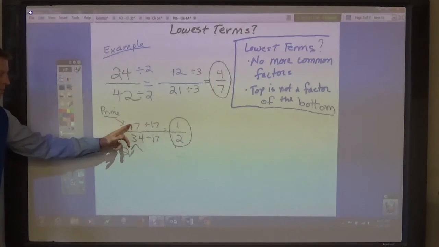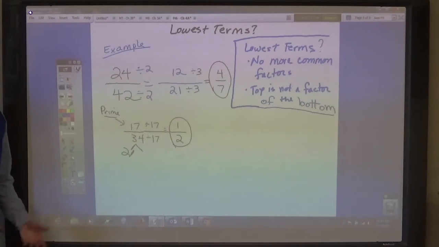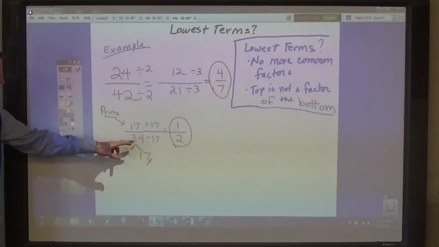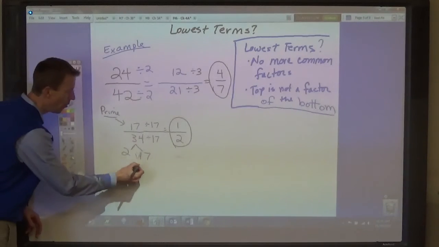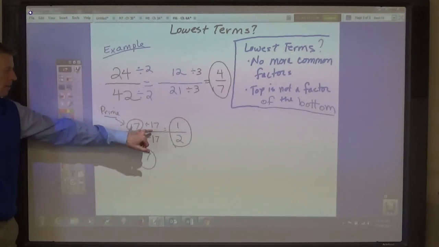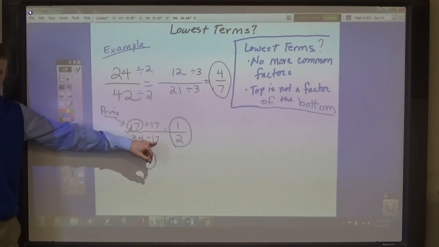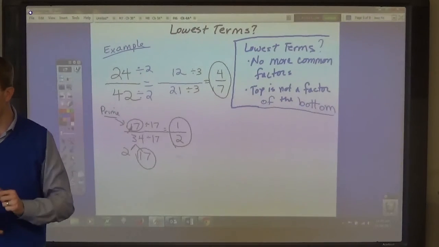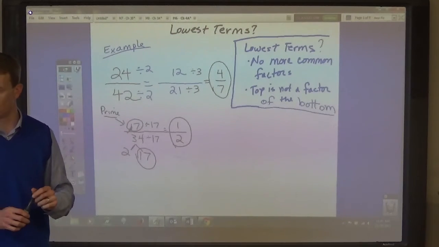Come on, people, it's right here. 17. 2 times 17 is 34. And so now we can see this common factor. So divide it by the common factor. Anytime you know there's a common factor, divide both numbers by that common factor. Okay?